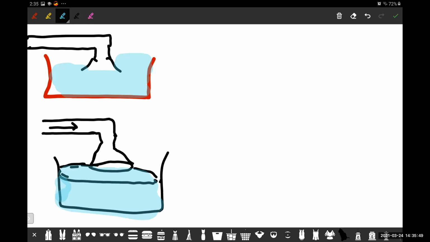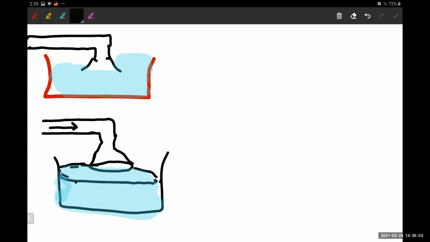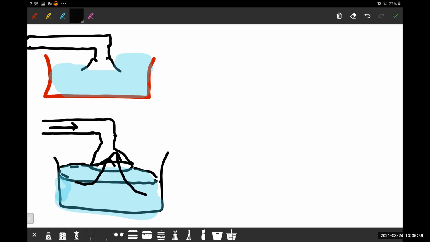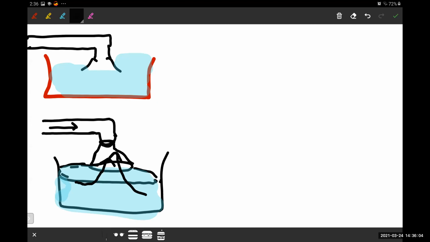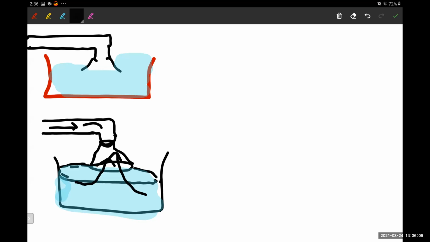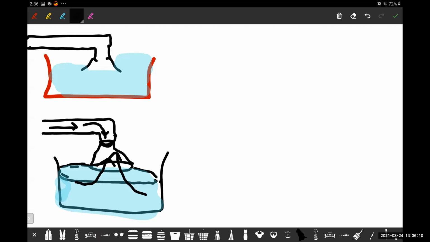Now, what happens? Because of pressure, this water goes inside and gets accumulated here at the neck. Then it reacts with the HCl which is coming from above and forms HCl in aqueous solution.